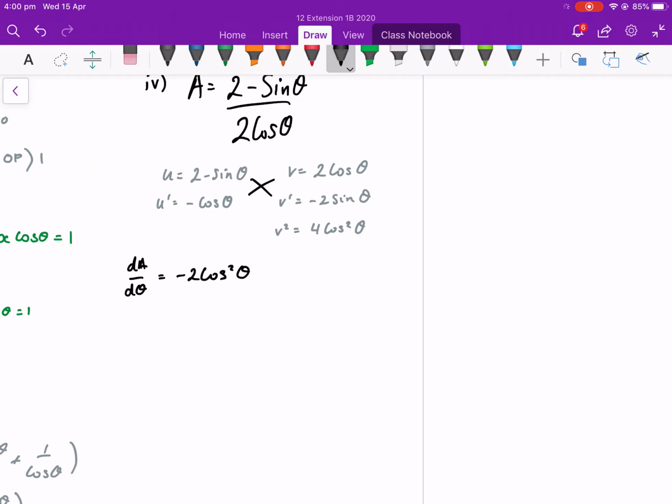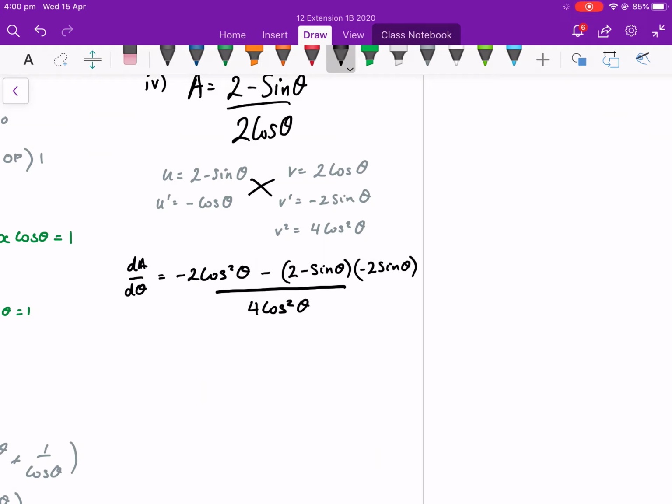I'm going to just write this in a bracket to avoid making some simple multiplication errors. All over v squared, so 4 cos squared theta.